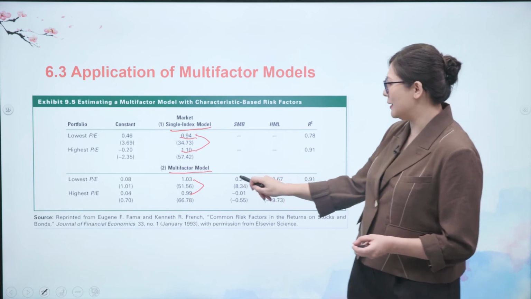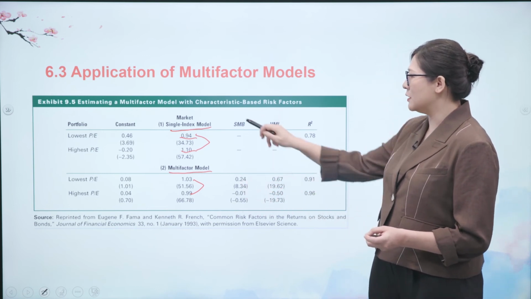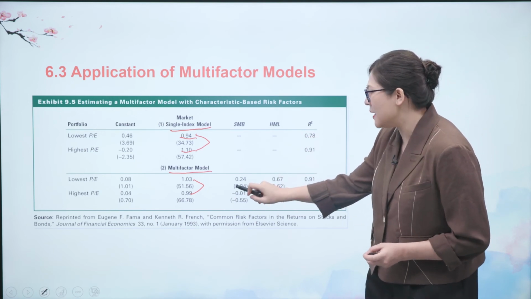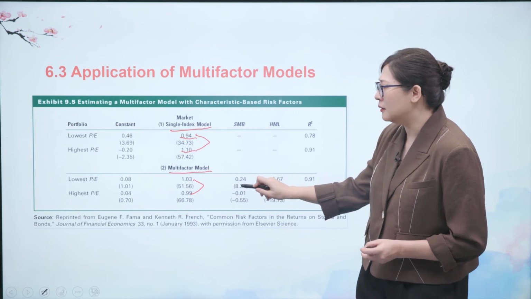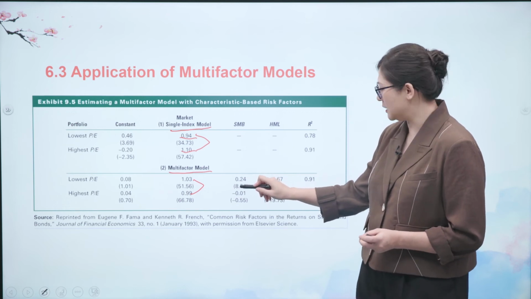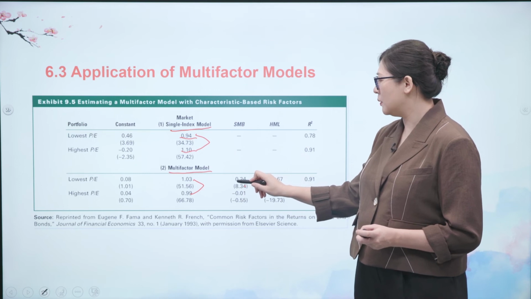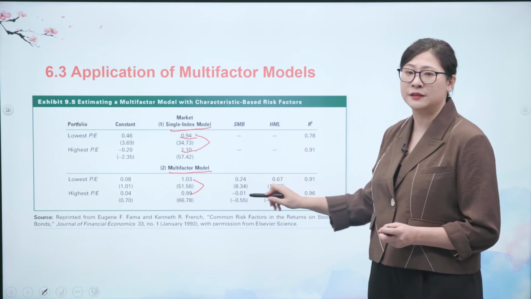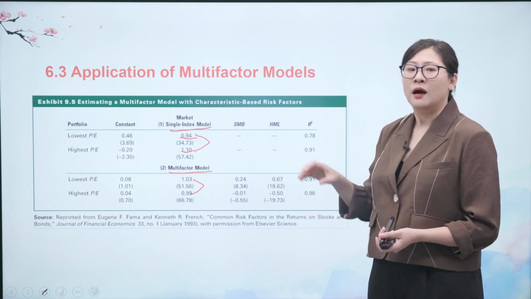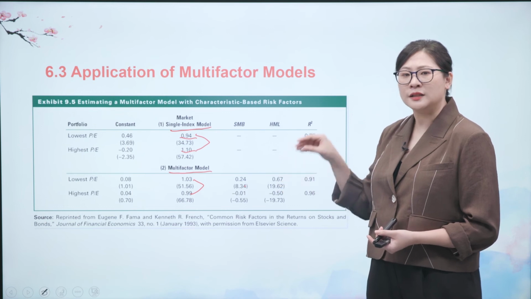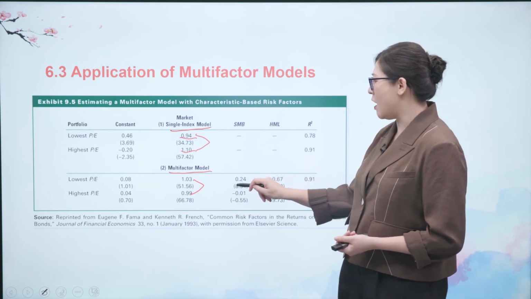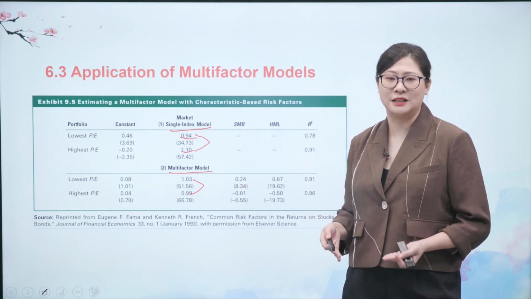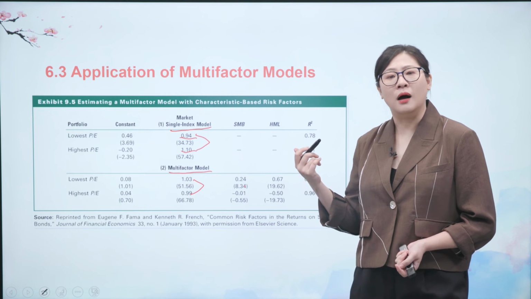And the second one, let's have a look at the other two factors, SMB and HML. For the SMB, we see that the lowest PE group has a slope coefficient of 0.24. And this is significantly different from 0, which means for this group's portfolio, the small size stocks will have a better return compared with the big cap.